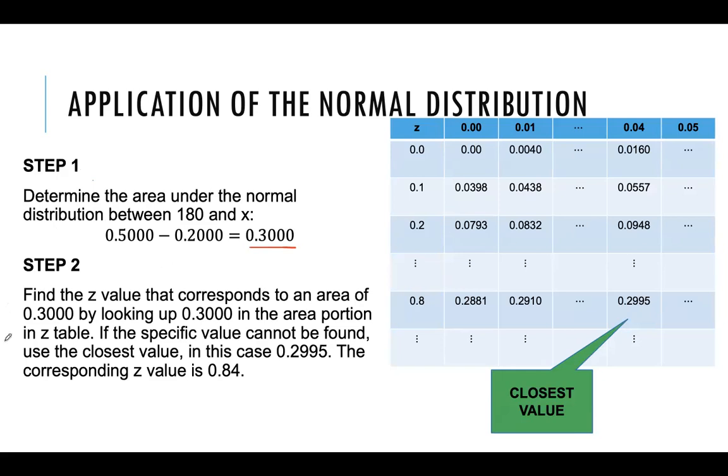And find the Z value that corresponds to the area of 0.3000 by looking at table 2.9. Okay, if you cannot find the exact 0.3000, use the closest value. So in this case, class, the closest value is 0.2995, which corresponds to a Z value of 0.84. Let's check that in the table.